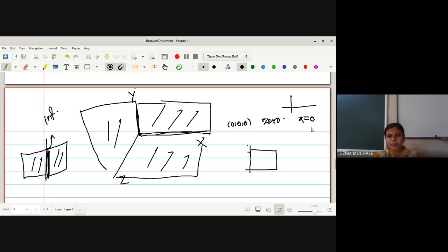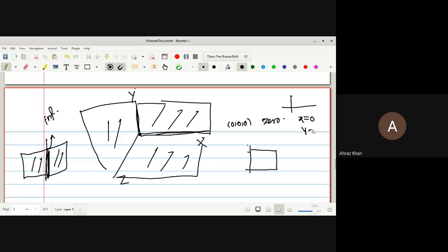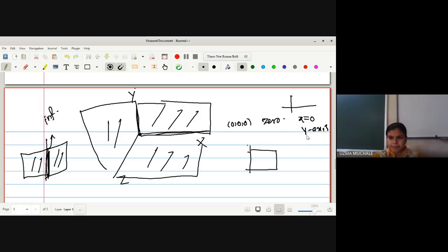What do you say when you have x equal to 0? We say y-axis. Next, if I have y equal to 0, we say that it is the x-axis. Correct? But in this case, what will be the equation of an xy plane?